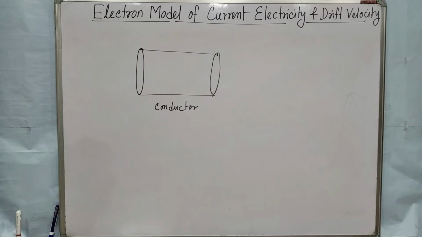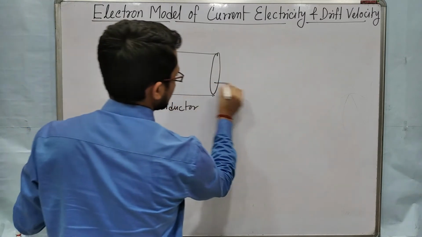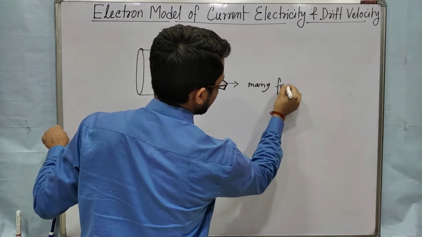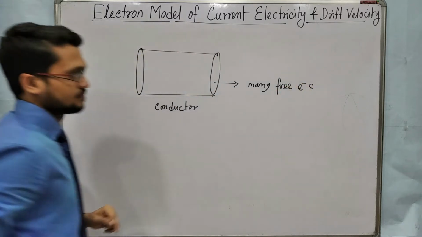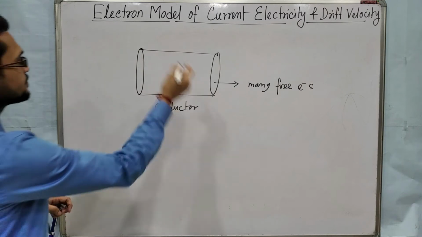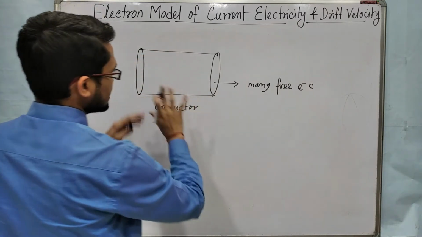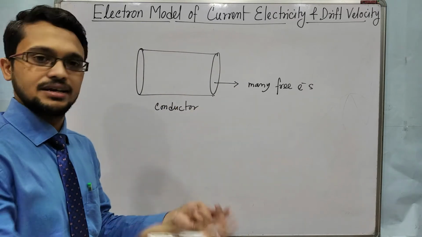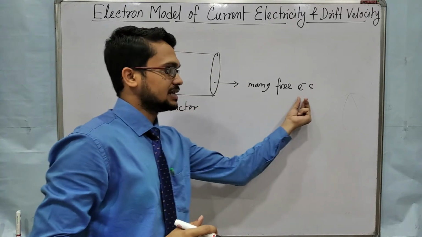So a conductor, we know, has many free electrons. If there is no external field and it is just kept on a floor or anywhere, then what will happen to these electrons?